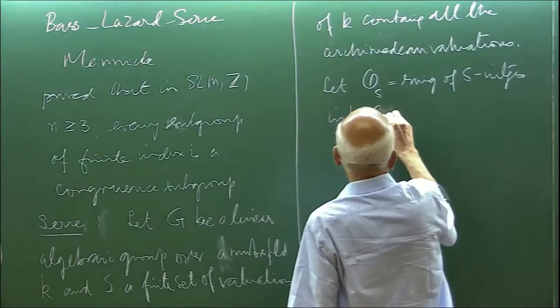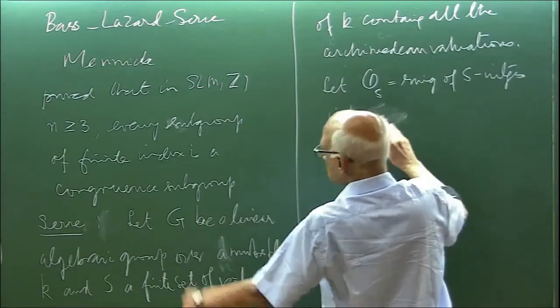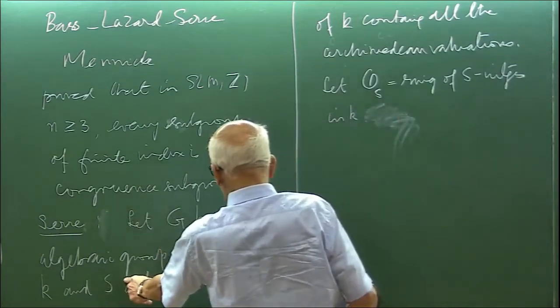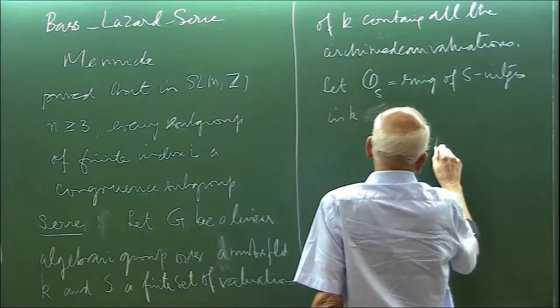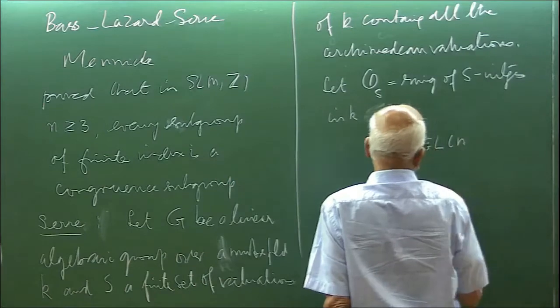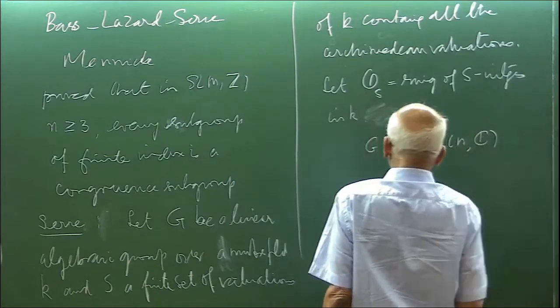Consider now G, assumed to be a linear algebraic group defined over a number field. So G is contained in GL_n.